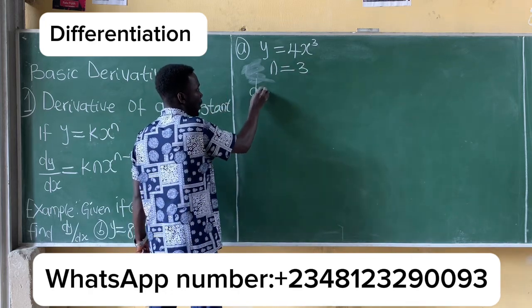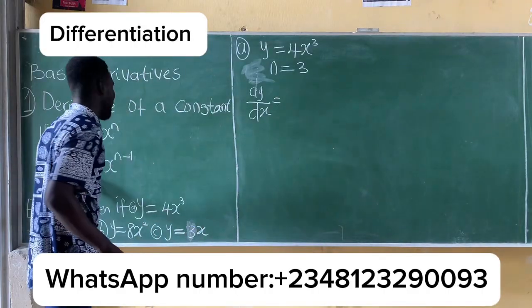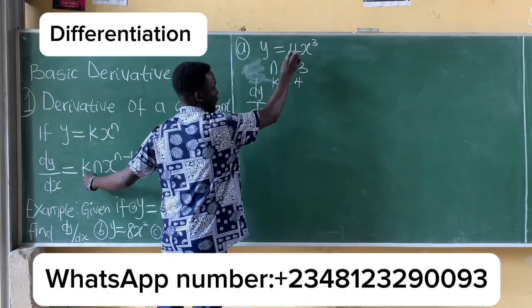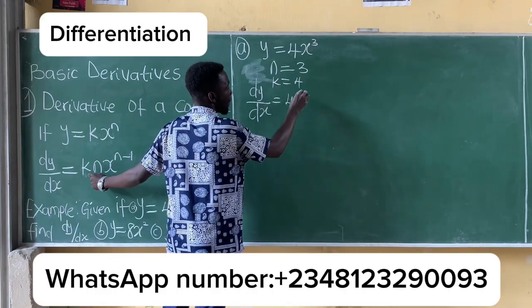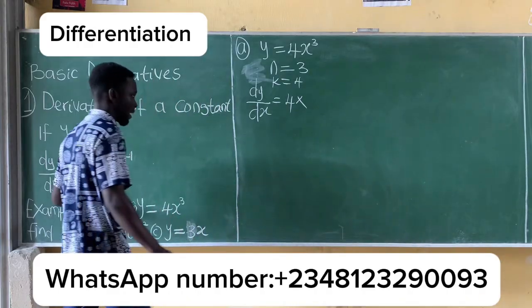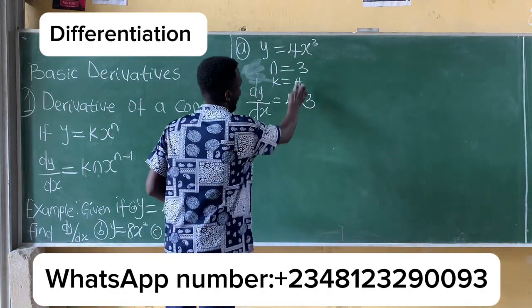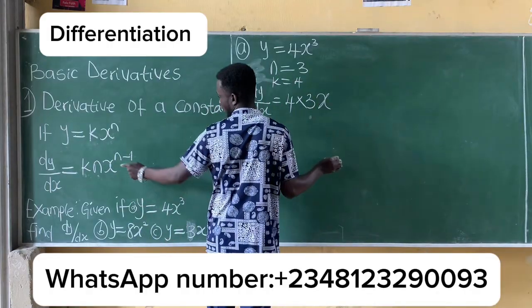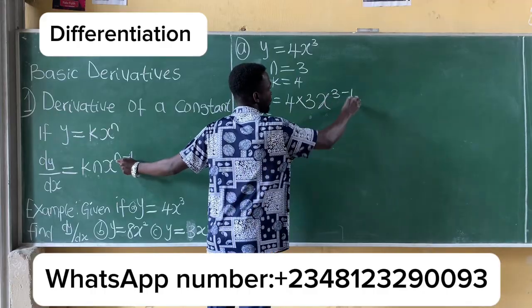So therefore, our dy/dx will be equal to k. What is our k here? K here is equal to the constant 4. So this becomes k, which is 4, multiplied by n, which is 3, then x to the power of n minus 1, which is 3 minus 1.